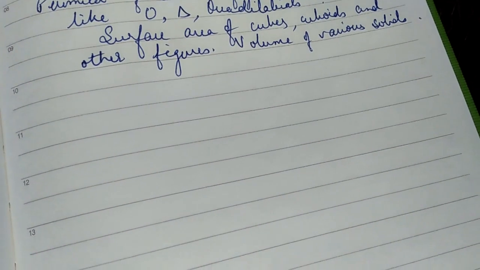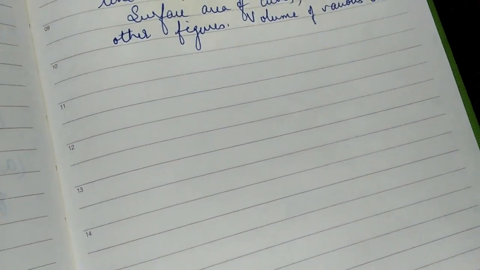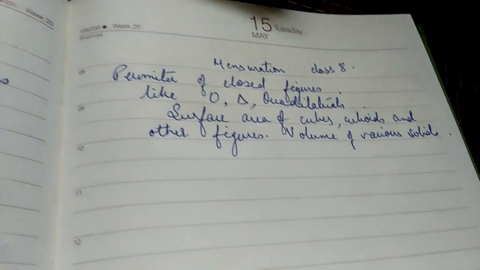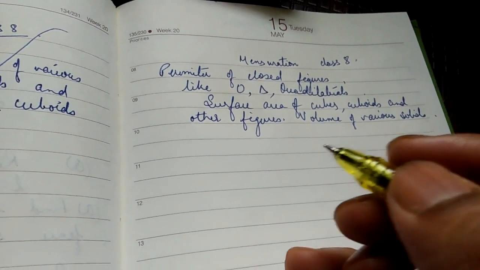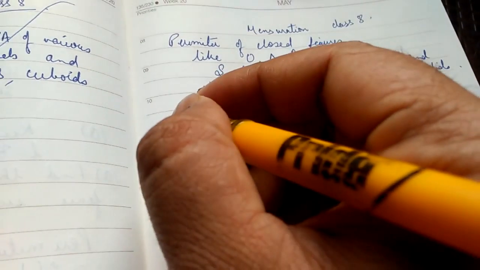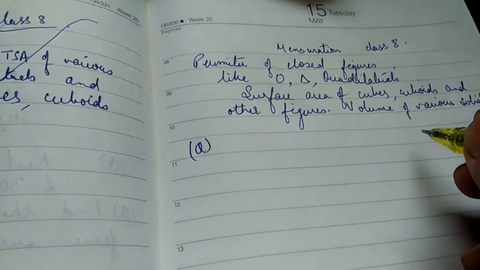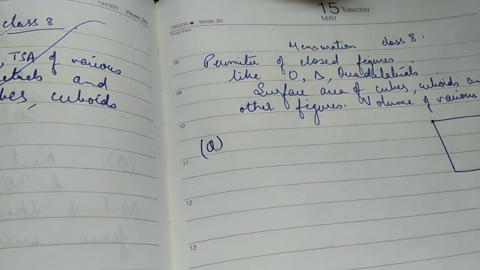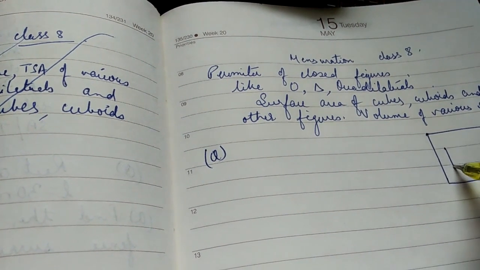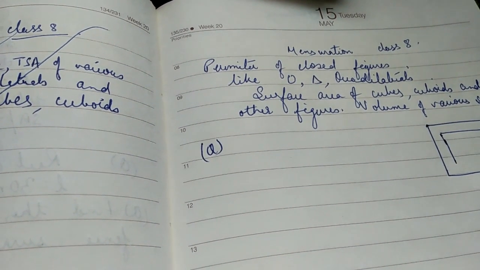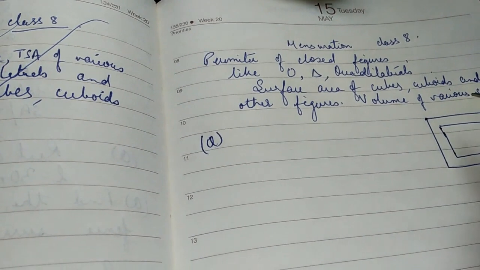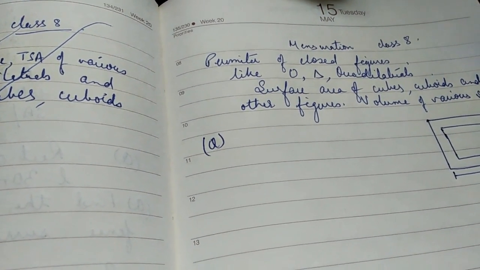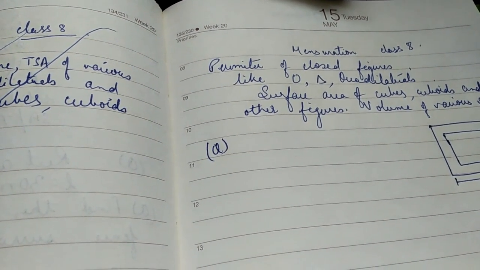Okay, so let us try to find. So we will solve an example. So let us draw a rectangle and draw an inner rectangle. Okay, so the length of the outer rectangle is 30 meters and its width is 20 meters.